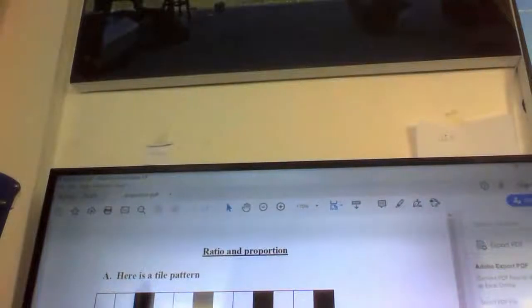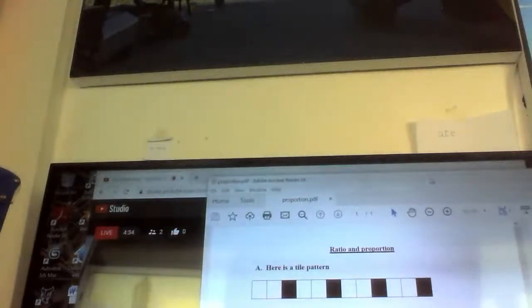I'm going to kind of work between having you download something so it's clearer, and then just in case you haven't downloaded it, me showing you the worksheet that I have, and hopefully you'll be able to see that. So let me just adjust the camera, and there we go.